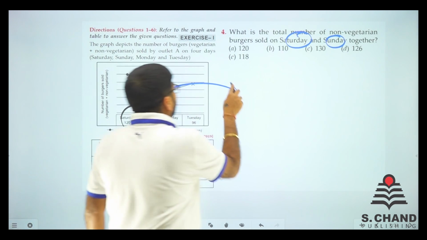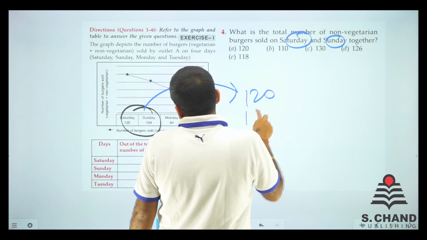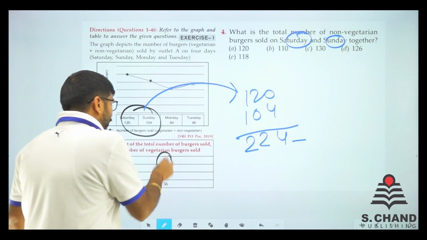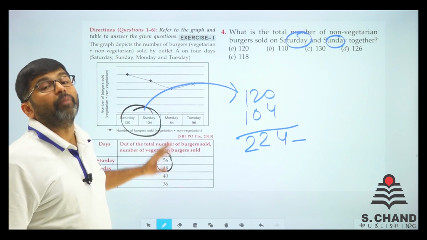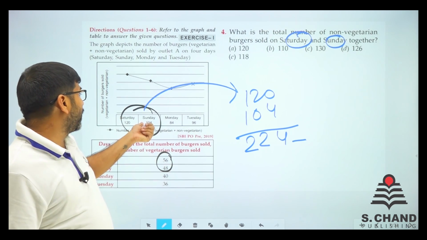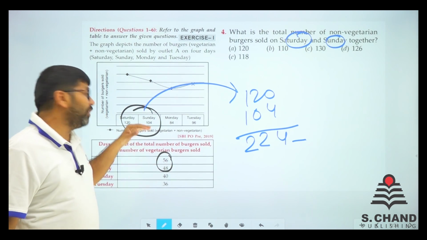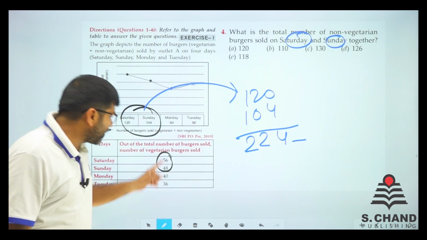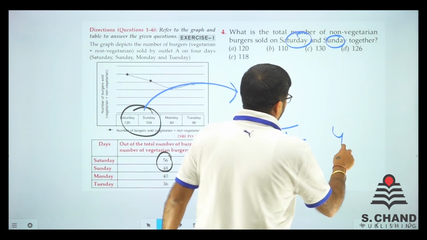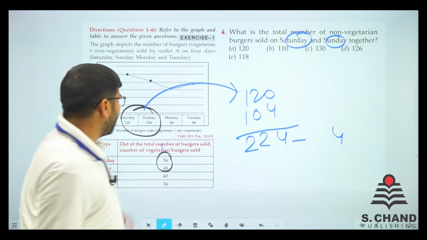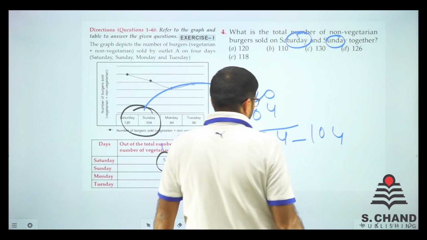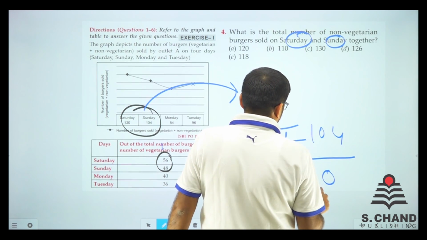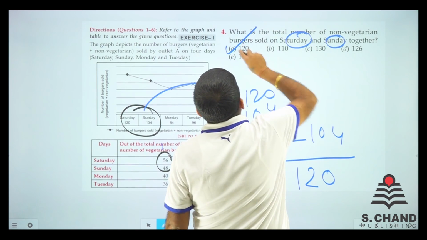So we calculate 120 plus 104, which is 224. Now we subtract the vegetarians from the total burgers, and that will give us the non-vegetarian. So 6 and 8 is 14, 4 carries 1, 5 and 5 is 10. So when you subtract 104 from 224, we get 120. So 120 is the number and it is the first option.